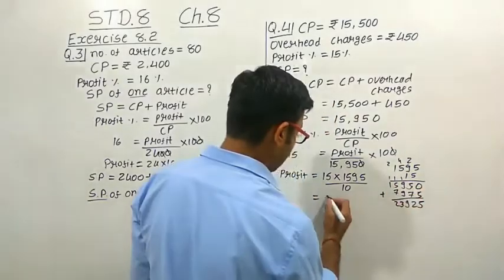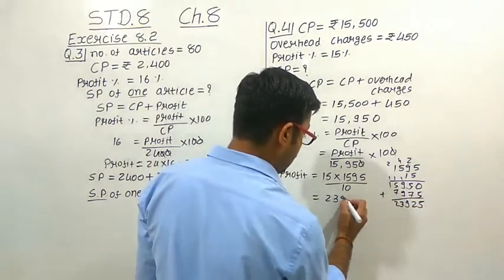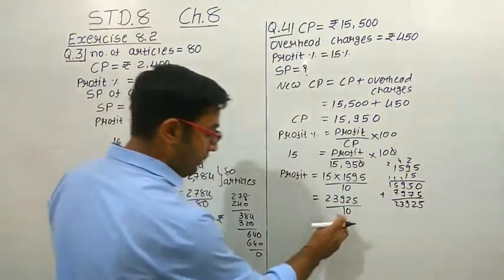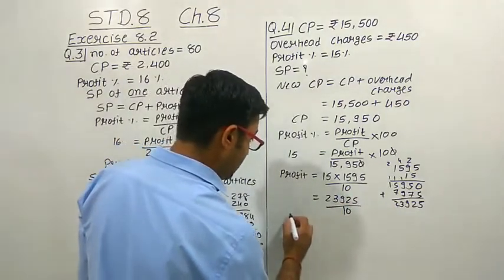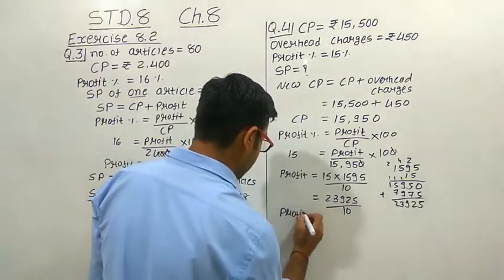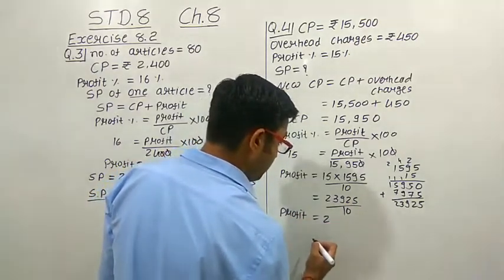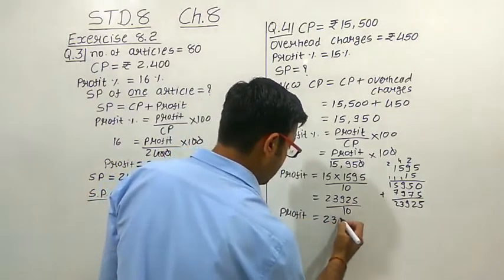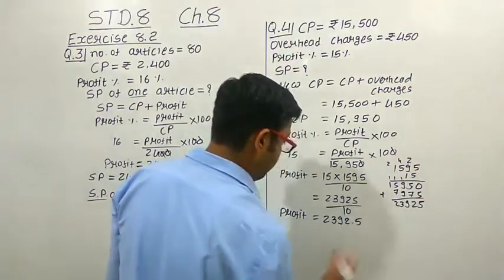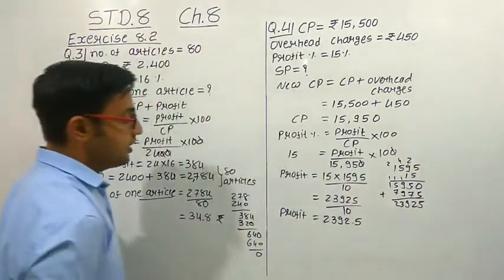So we get 23925 upon 10. Now we can apply the decimal point. So the profit is 2392.5.